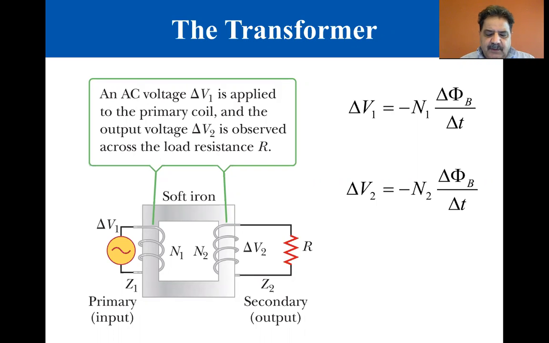If we combine the two equations, we get this one: delta V2 equals, notice the ratio of the turns, N2 over N1 times delta V1. When N2 is greater than N1, delta V2 exceeds delta V1, and the transformer is referred to as a step-up transformer. When N2 is less than N1, making delta V2 less than delta V1, we have a step-down transformer.